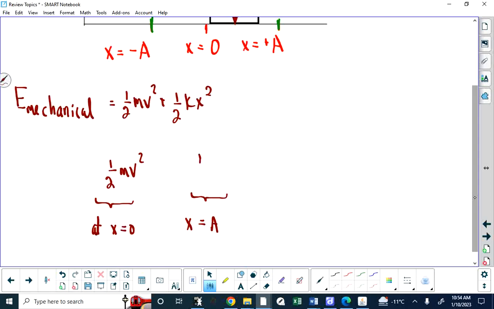Well, at x equals a, that's the point where the mass reaches the furthest distance or displacement away from the center, and that's always the position where the mass changes direction, which means it's not moving there. So at the amplitude, the mechanical energy is solely potential.